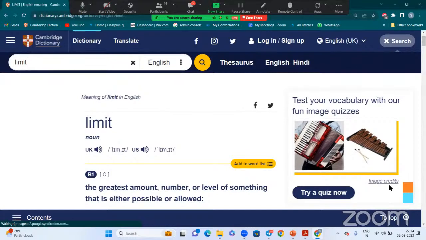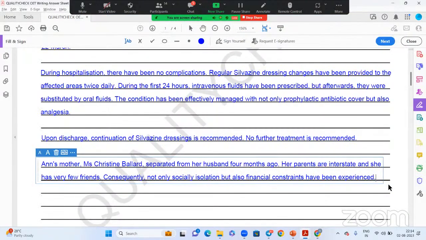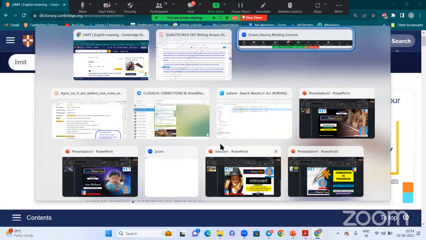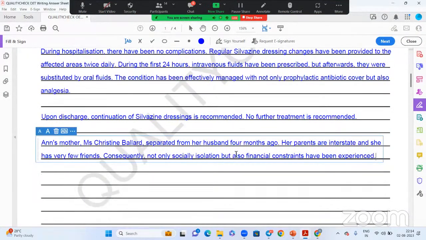The next one. Now, because of these things, what is needed? Now, next one. During hospitalization, what happened? Others. Background, social background.